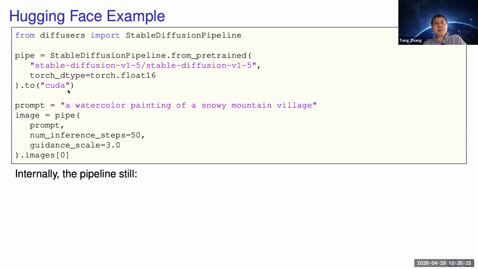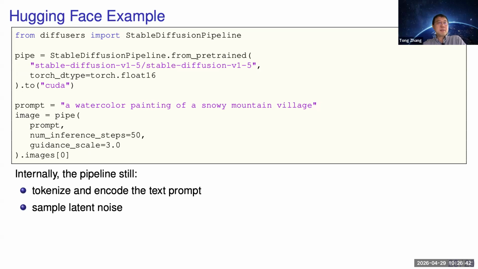This is just generating the previous example, which is in the notebook. They give the prompt, this is 50 steps, I think, and guidance is 3 or something like that. It tokenizes the text, samples latent noise, runs the scheduler loop, and basically does everything for you.